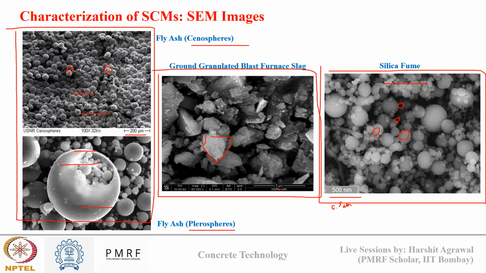And since they are very fine particles, they have very high surface area, and that's why silica fume is highly amorphous in nature. So from the basic structure of these SCMs, we can have an idea about how they will contribute in the hydration reaction.